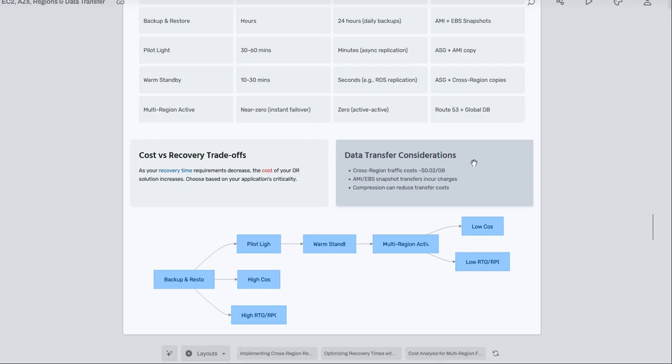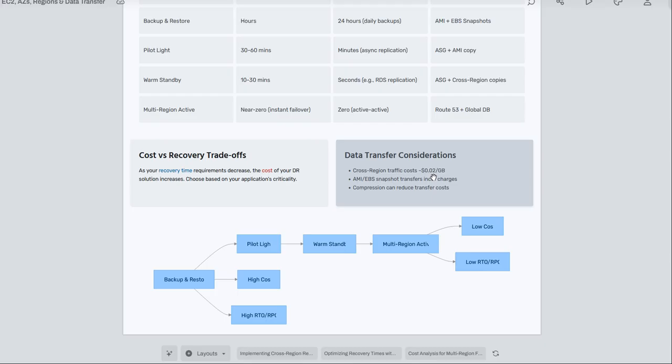And data transfer considerations. Cross-region traffic costs $0.02 per GB. If you transfer 1 GB from one region to another region, it costs 0.02, that means 2 cents.